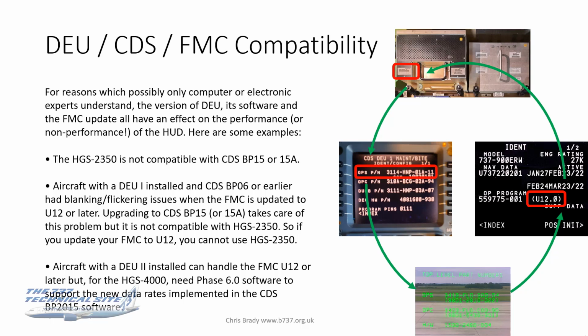So compatibility is a nightmare, and doing something as simple and as seemingly unrelated as updating your FMC software can have huge implications if you've got a HUD and you're not sure what the DEU models are in the E&E bay. So there you go. Some things to bear in mind before updating various parts of your aircraft.